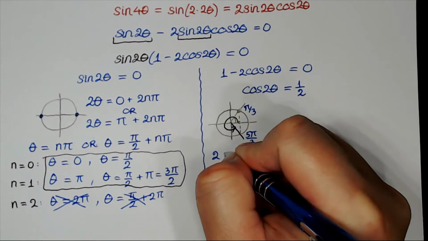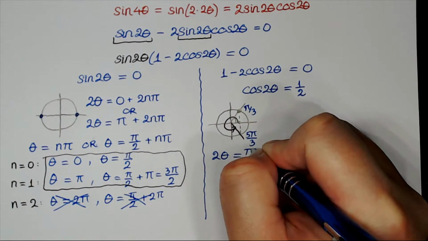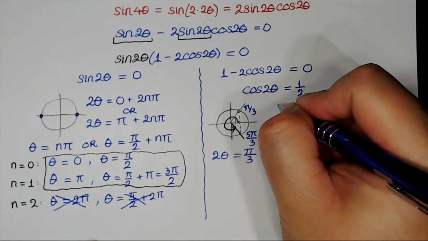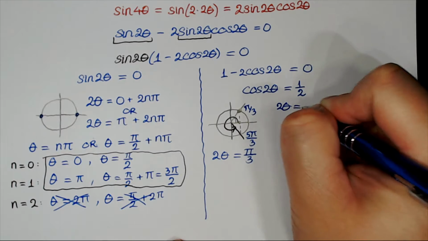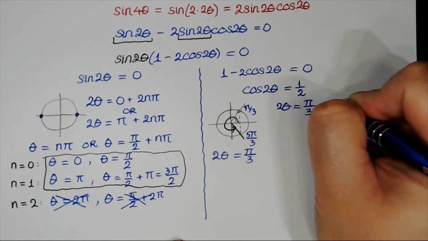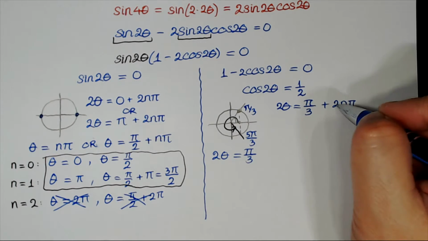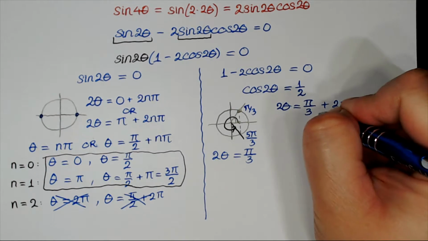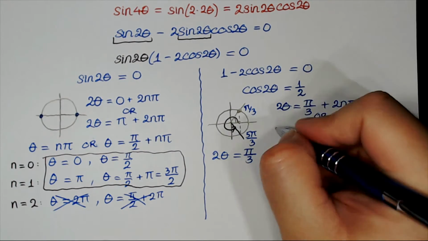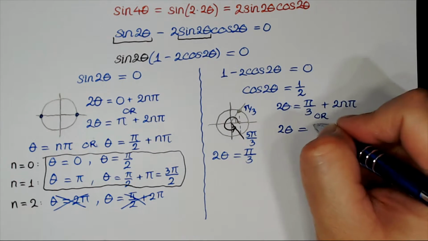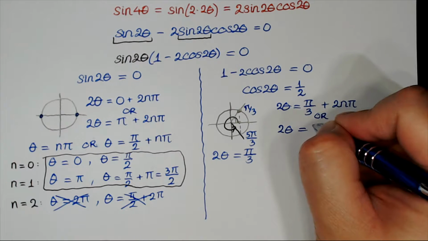2 theta equal to pi over 3. Just write like this one. 2 theta equal to pi over 3 plus 2n pi. The 2n pi is the period. 2 pi is the period of cosine or sine. So we can have the coterminal angles or period more than just the answer itself.